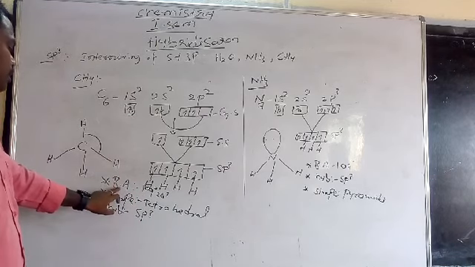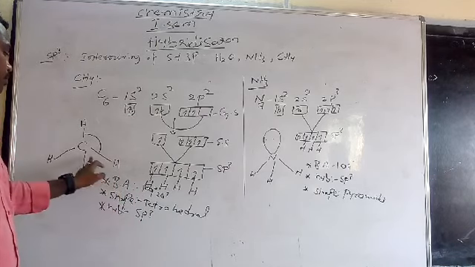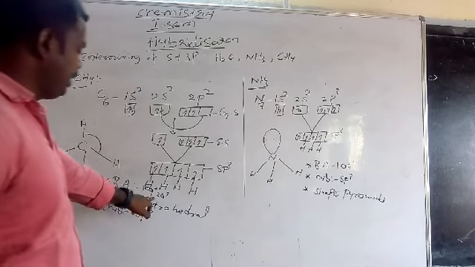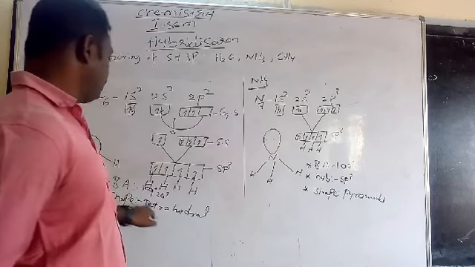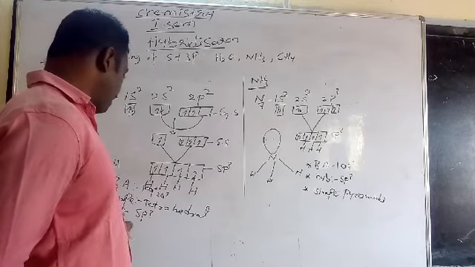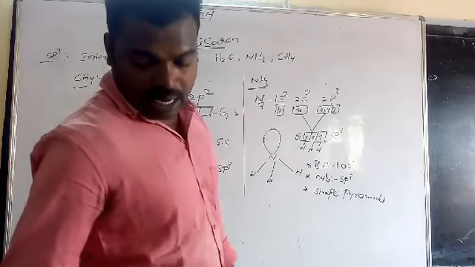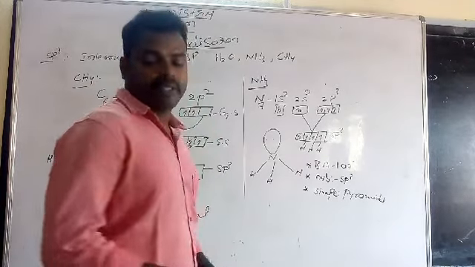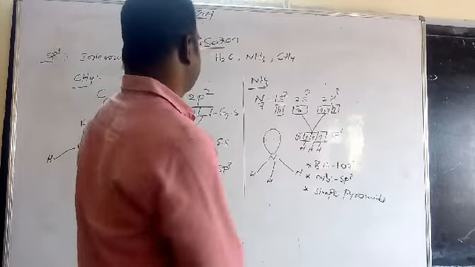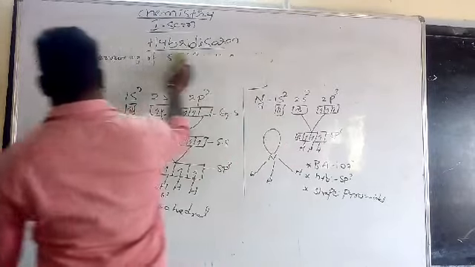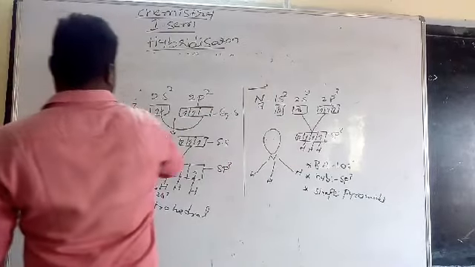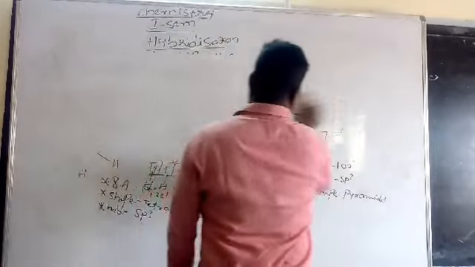The bond angle of the CH4 molecule is 109 degrees 28 minutes, the shape of the molecule is tetrahedral, and the hybridization is sp3. These are the sp3 hybridization examples. Next, sp3d hybridization.